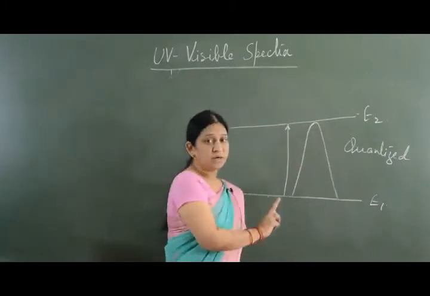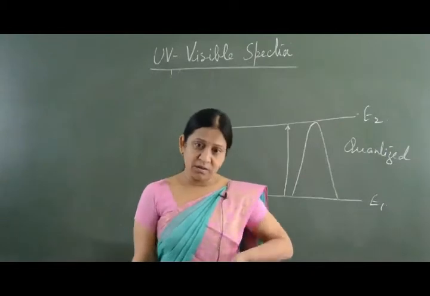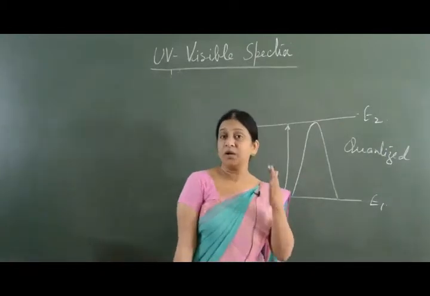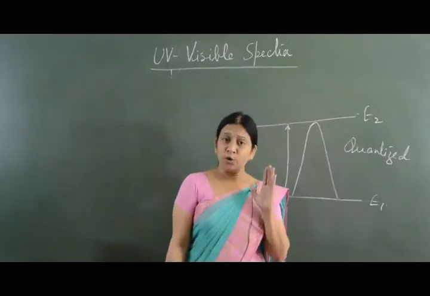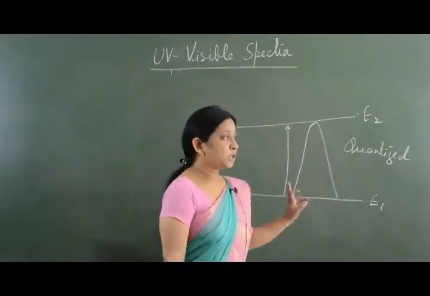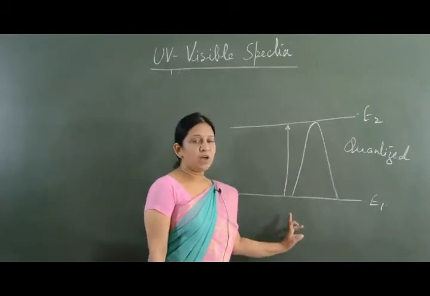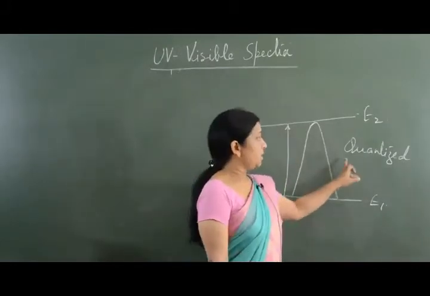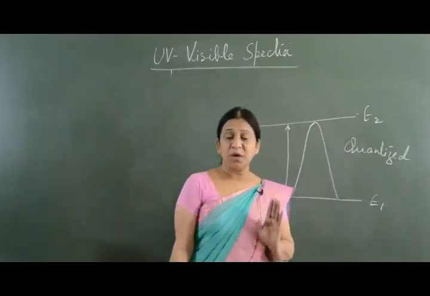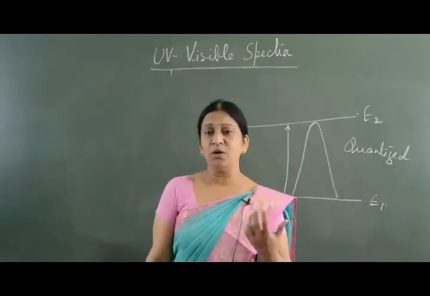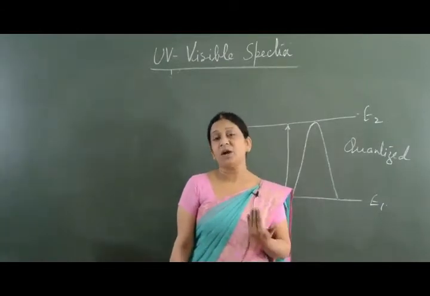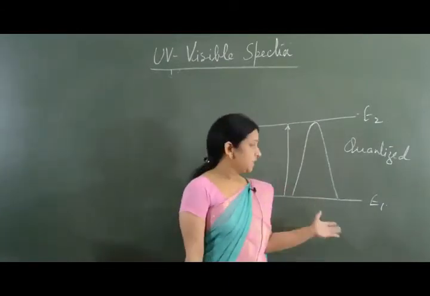So, this is the condition when the transition of electrons is taking place between two quantized energy levels. Theoretically, we should get a discrete line, because for every transition we should get a discrete line, since the energy levels are quantized. But experimentally we are not getting a discrete line for every transition. Instead, we get a band.